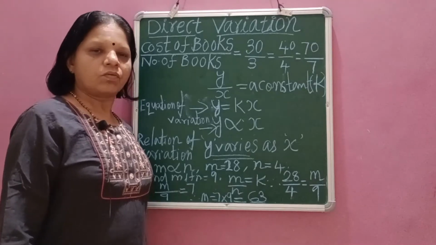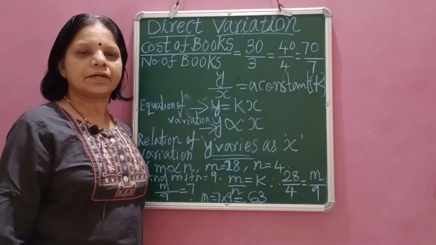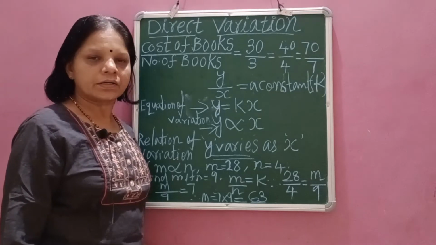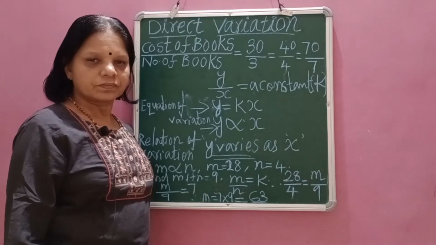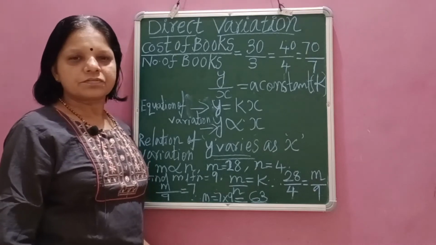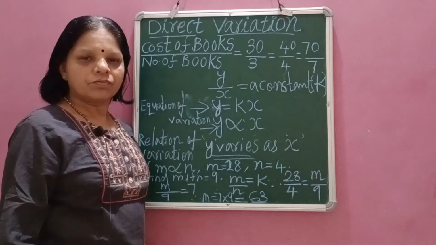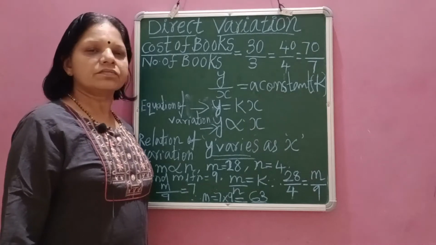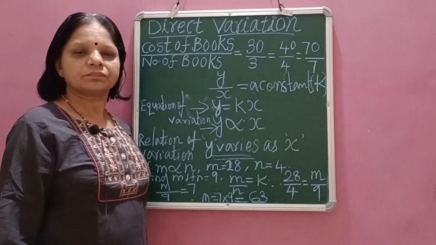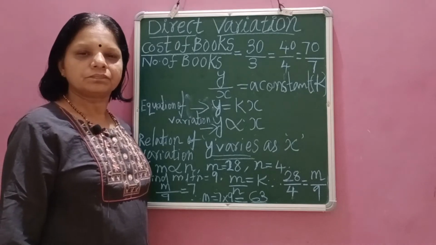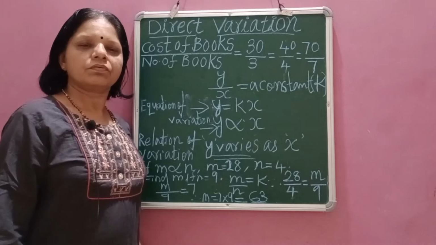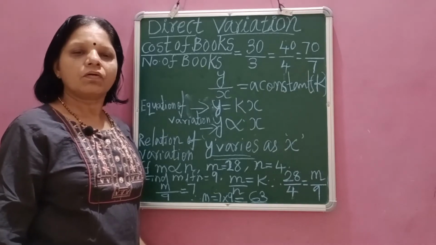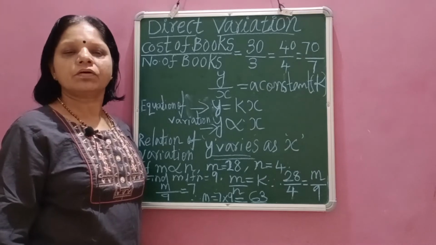Example, cost of articles and number or amount of articles. The cost of articles increases with increase in the number of articles. For example, cost of 5 notebooks will be more than cost of 3 notebooks.